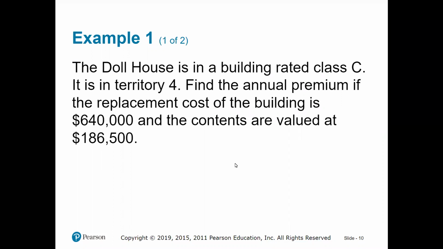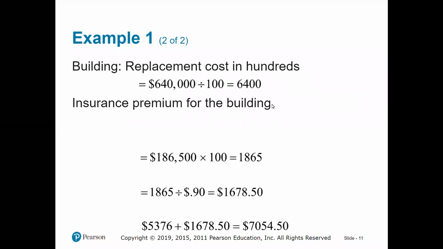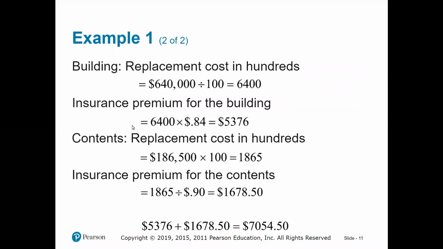The Dollhouse is a building rated Class C. It is in Territory 4. Find the annual premium if the replacement cost for the building is $640,000 and the contents are valued at $186,500. So, if the building replacement is in hundreds, then it's 6,400 in hundreds. And the premium would be times the 0.84.